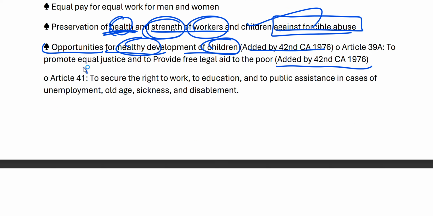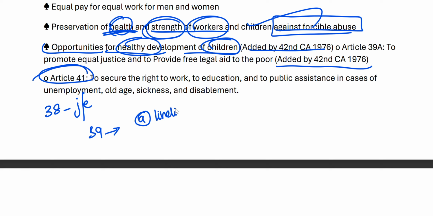Now Article 41. We are speaking about the socialistic principles. In socialistic principles, 38 is justice and equality. 39, here we are having the division. First, when you are having the livelihood, there should be equitable distribution of the resources.